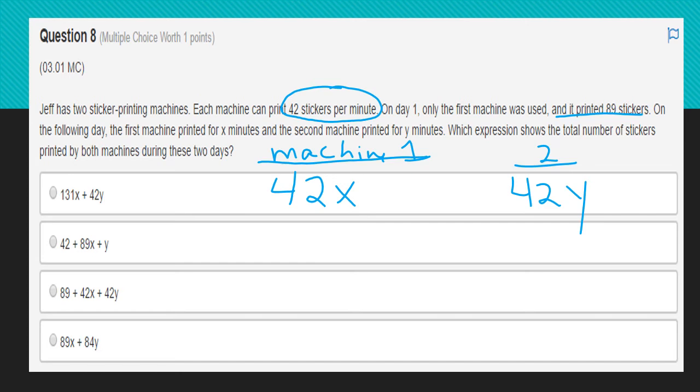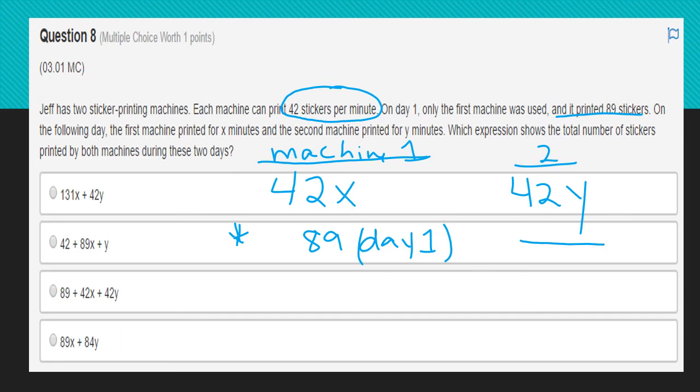2 different machines. Now if we look here though, it says on day 1, only the first machine was used and it printed 89. So only this machine was used and it printed 89. So this was on day 1. So day 1 for this printer, it didn't have anything.